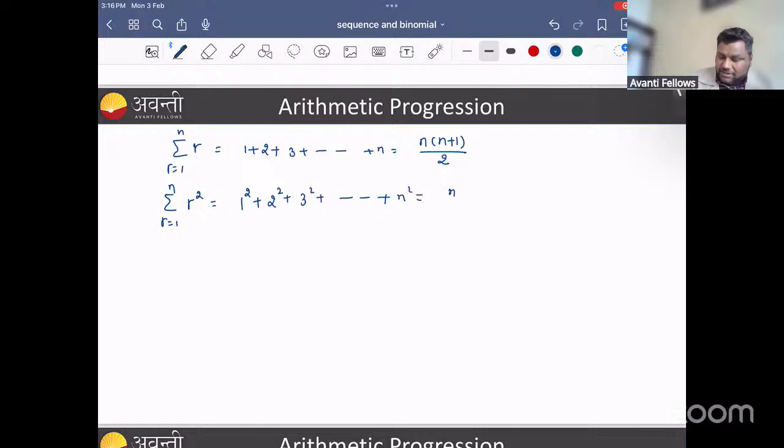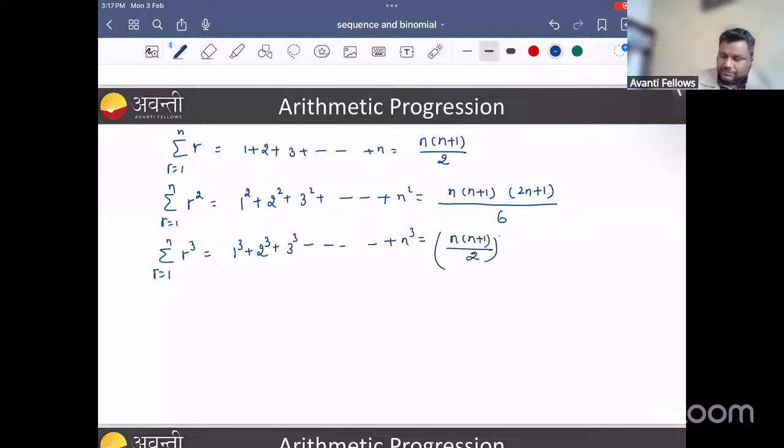This formula is n into n plus 1 into 2n plus 1 upon 6. Correct? Now sigma r cube, r varying from 1 to n, that is 1 cube plus 2 cube plus 3 cube up to n cube. And this formula is n into n plus 1 upon 2, whole square.